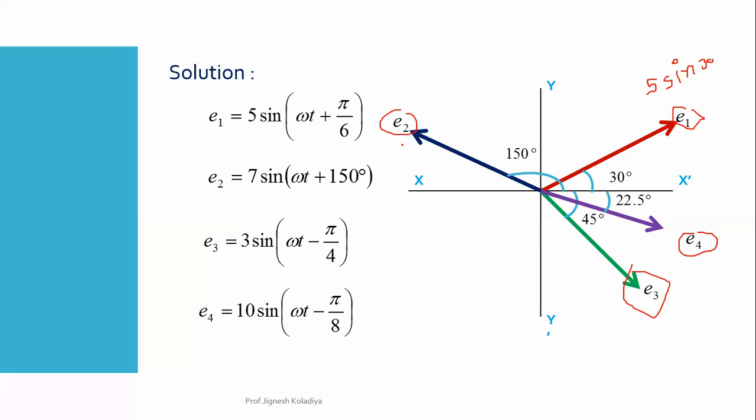E2, in this case you are getting the y component on the positive y axis, right? So I can directly write 7 sine 30 degree, because this angle is 30.